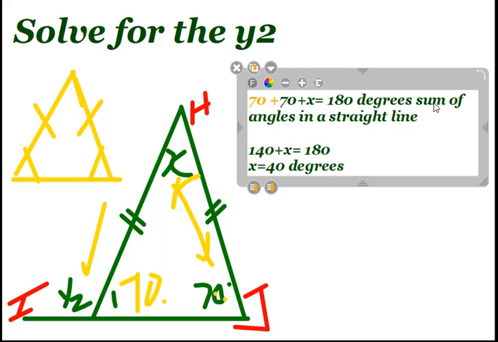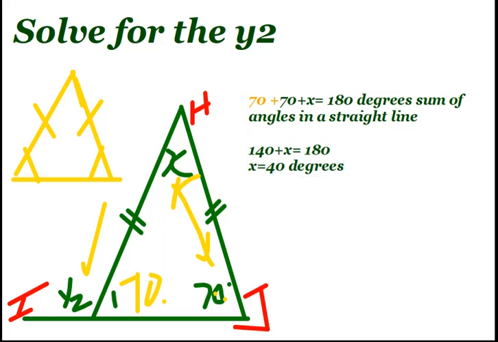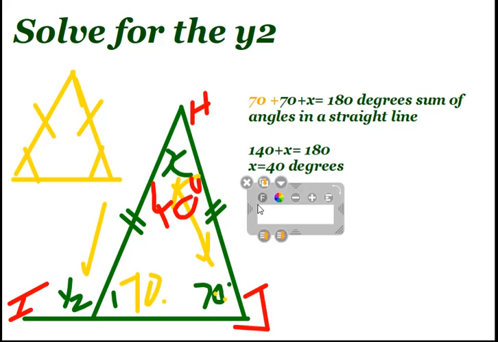So let's fill it in our sketch, in different colors. So 40 degrees. And we also know that this x that we just found, which is 40 degrees, plus 70 degrees, should always give us y2, not because of angles on a straight line, but because of exterior angles of a triangle. So let's write that down.